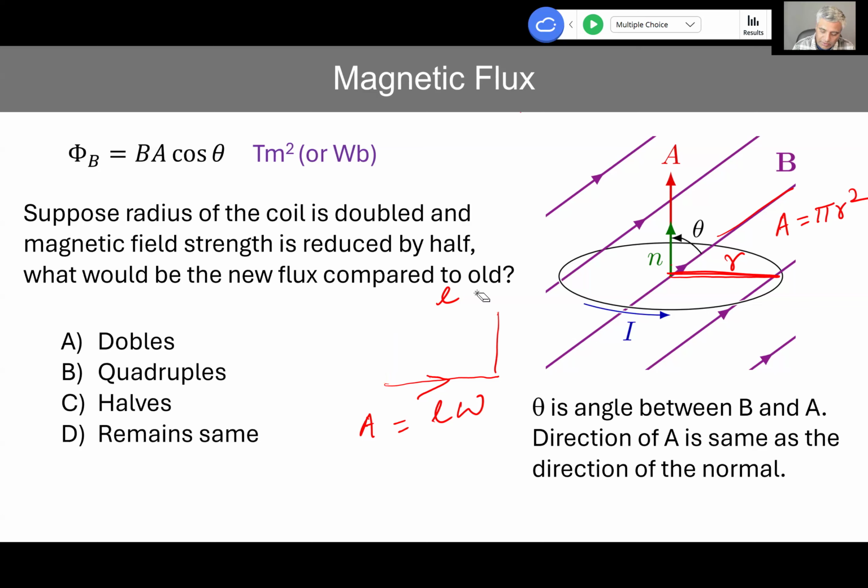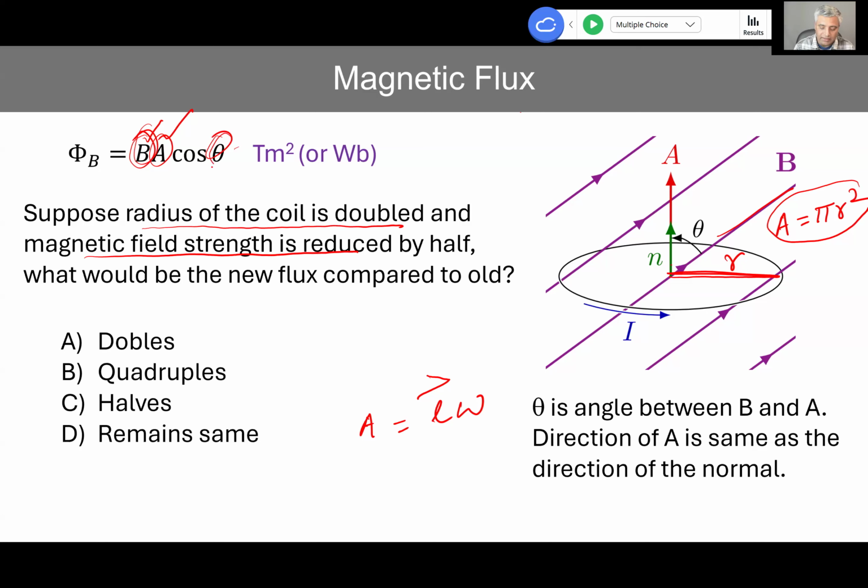So now here is a question for you. Flux depends on the magnetic field strength, area, and the angle. So what's changing here? The radius changed. That means the area is going to change because area depends on radius. And the magnetic field strength is also changing, so B is changing. So A and B both are changing, and you have to take account of both.